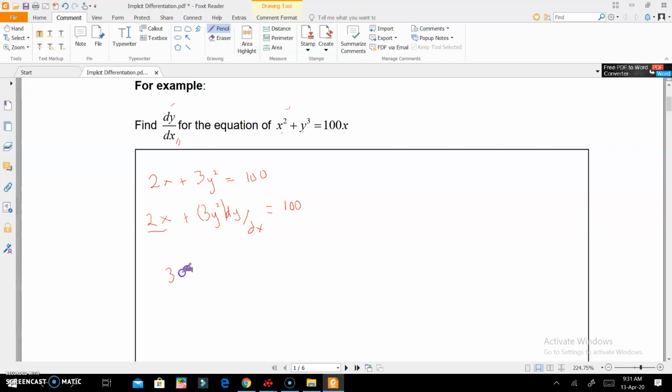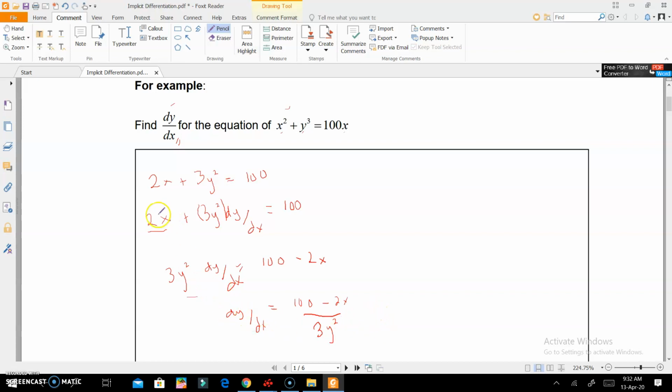So you are going to get 3y to the power of 2 dy over dx equals 100 minus 2x, because we bring an addition to the other side, so it becomes a subtraction. This is a multiplication, so you are going to get dy over dx equals 100 minus 2x divided by 3y to the power of 2.